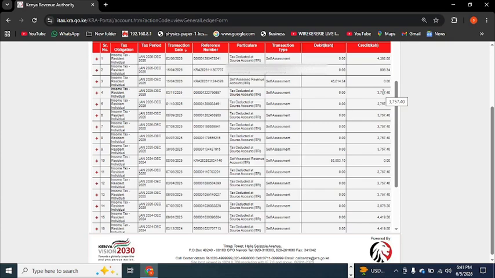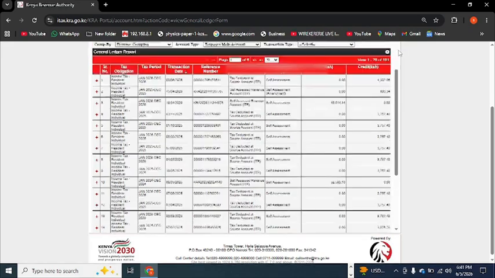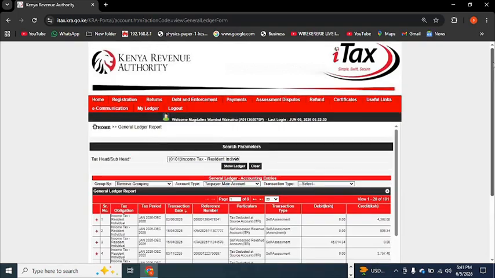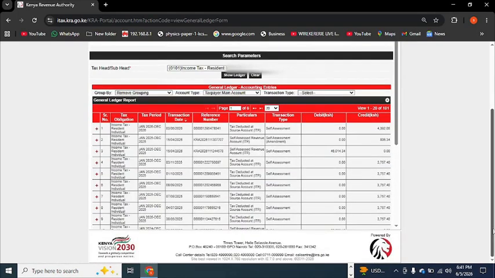So this liability, you are supposed to follow up with your accounts department so that they remit the correct amount to the revenue authority. So this is not the responsibility of the taxpayer. But the challenge is that the taxpayer should inform the employer and do the follow-up to ensure that they remit this amount to the revenue authority.